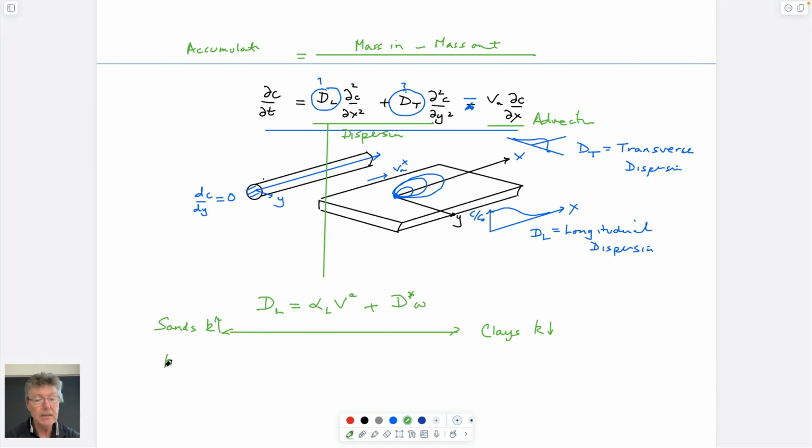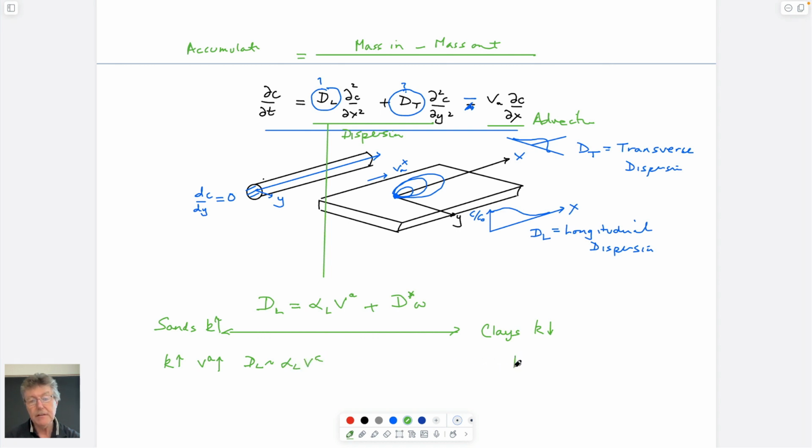If permeability is high, then advective velocity is high, and therefore this term dominates. So D_L is approximately equal to alpha_L times V_A.